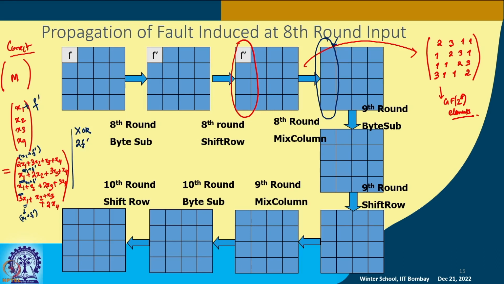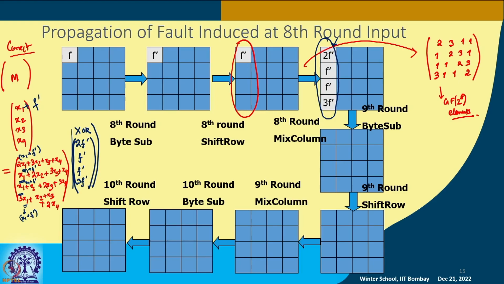So you will have 2f dash, f dash, f dash, and 3f dash. This is the status of the fault at the output of this mixed column. So I will just write down 2f dash, f dash, f dash, and 3f dash. So that is the status of the fault.